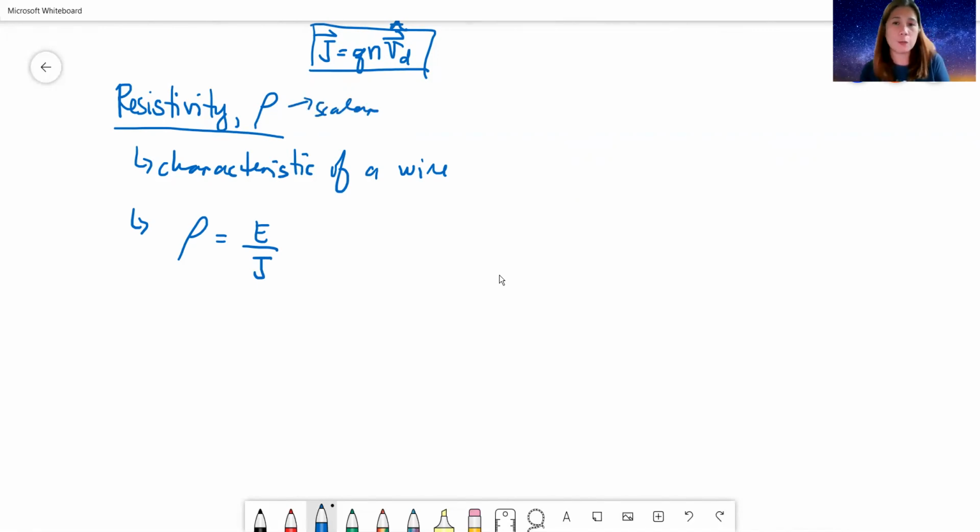Say we have a circuit with a battery and, for example, three resistors in series. This side is plus and this is minus, so the electric field in this segment is away from plus towards minus.